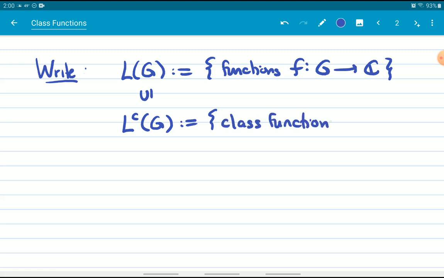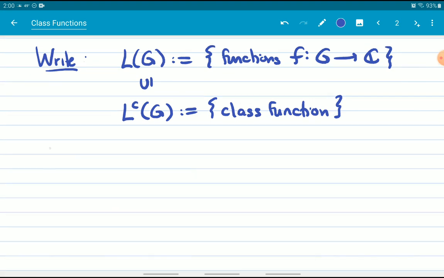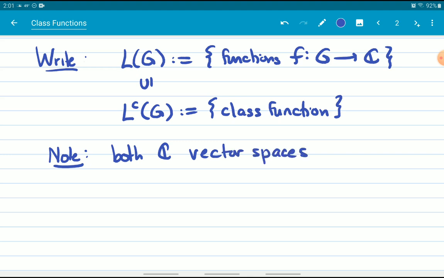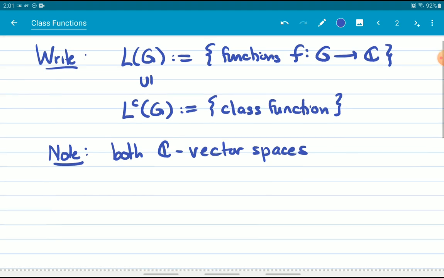The book uses a different notation for this, but I don't like it, so I'm going to write this. C stands for class function. Let's notice these are both complex vector spaces in the obvious way, because I can add functions and multiply them by scalars. The class functions are a subspace of the space of all functions.